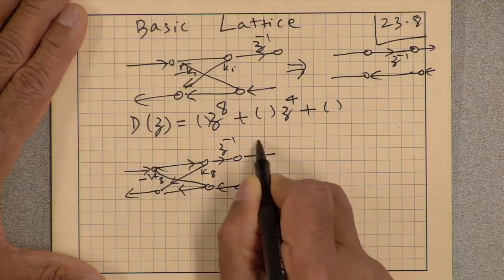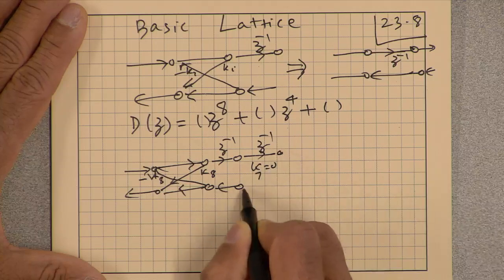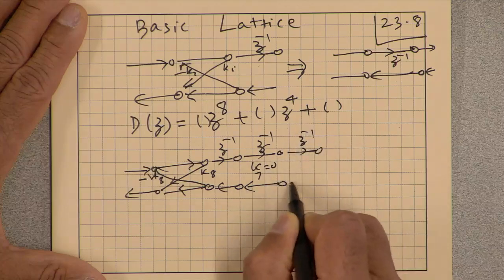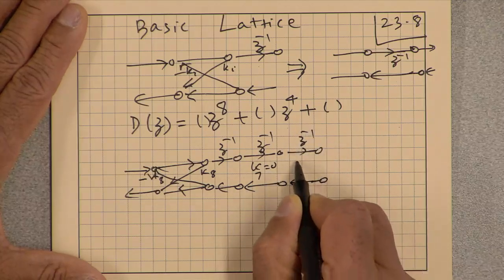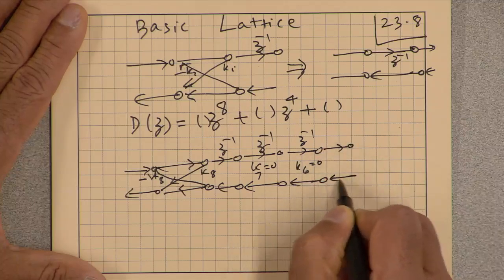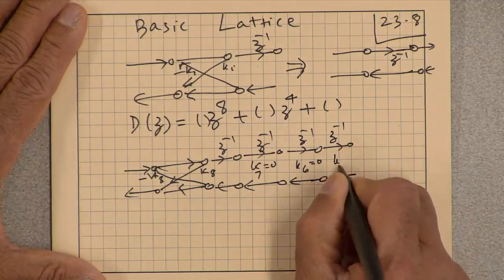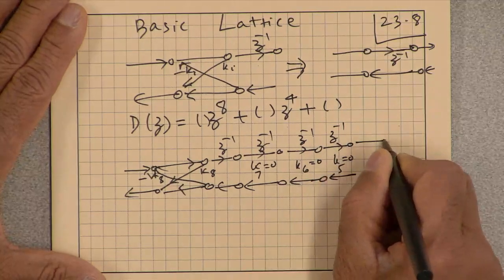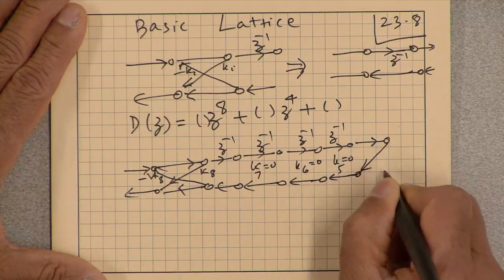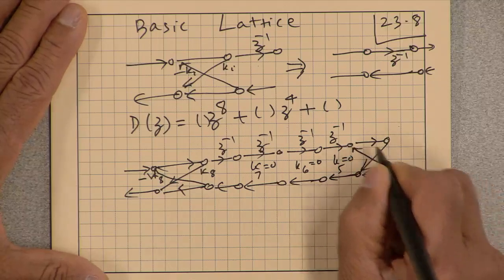And then K7 equal to 0, then K6 equal to 0, and then K5 equal to 0, and then we have K4, which is non-zero.